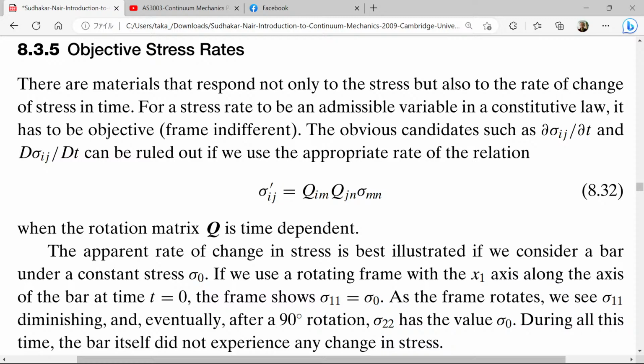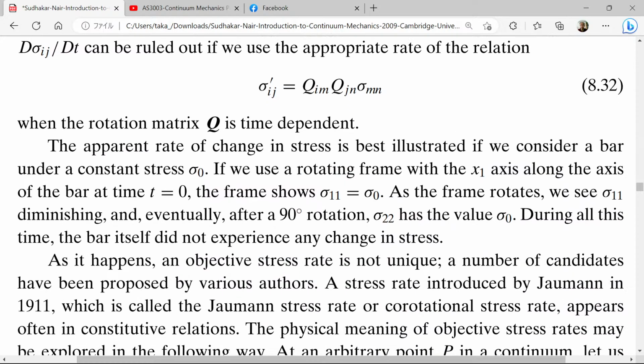When the rotation matrix Q is time dependent, the apparent rate of change in stress is best illustrated if we consider a bar under constant stress sigma 0.